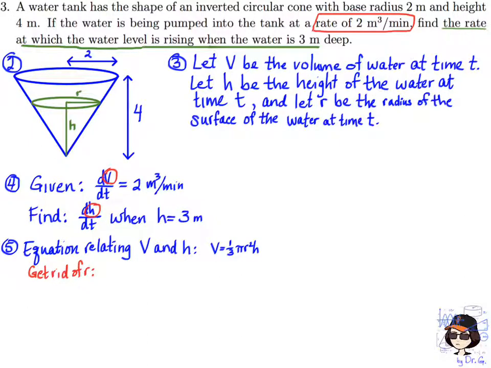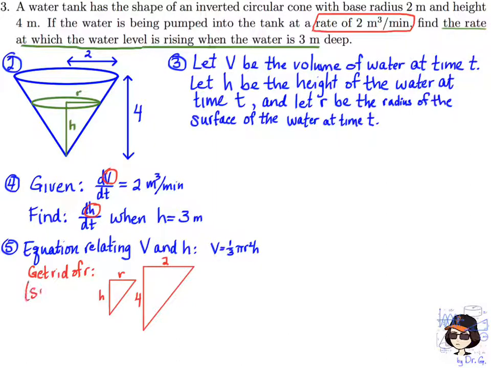Well, if we look at our drawing as a sort of two-dimensional thing, we can see there's two triangles, right triangles. There's the small one, the small right triangle, which has legs R and H, and then the larger right triangle, whose legs are length 2 and 4.